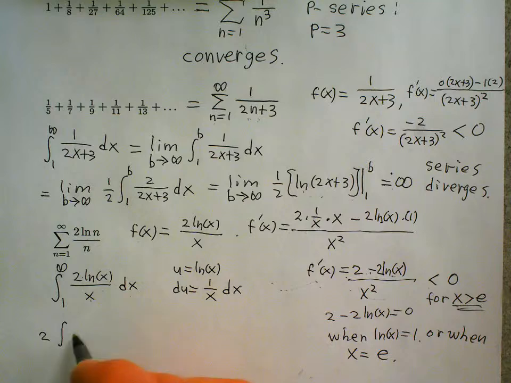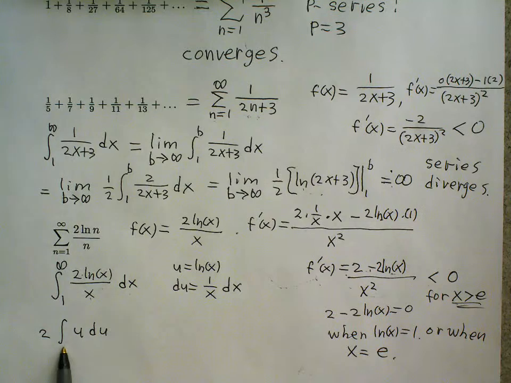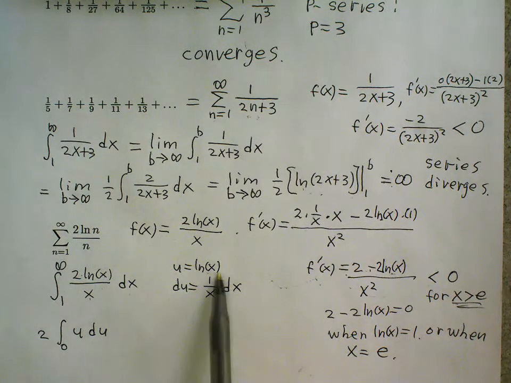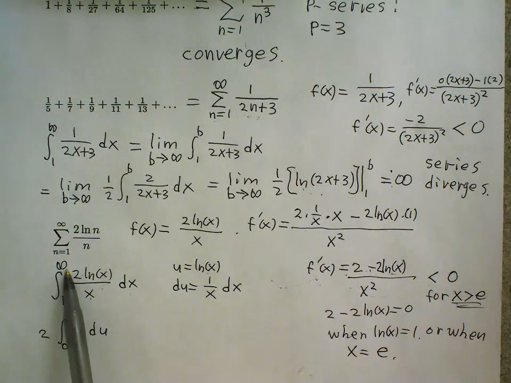And so the integrand is just u du. And then the lower limit, when x is 1, the u value is the natural log of 1, which is 0. And when x goes to infinity, u also goes to infinity.